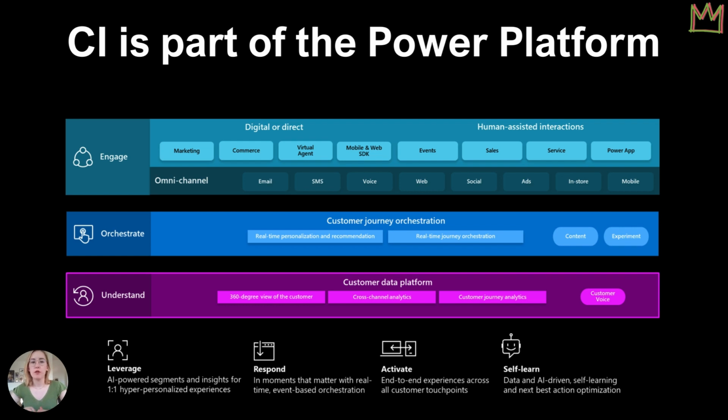We're of course also going to use the omni-channel approach. So instead of just sending emails, we could also use other channels like SMS, push notification, maybe social media, and many, many more. All of these functionalities are part of Customer Insights, and thus they are part of the Power Platform.